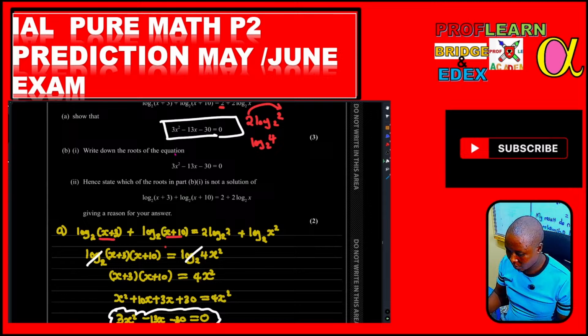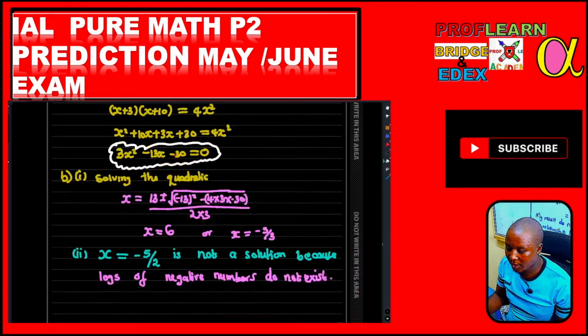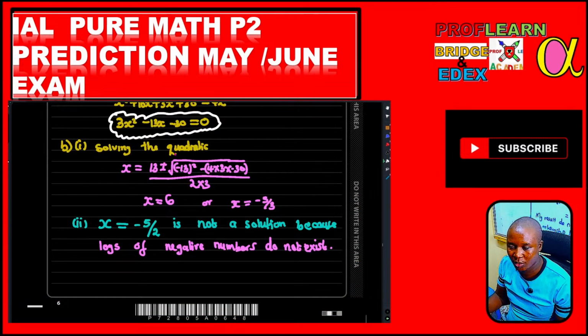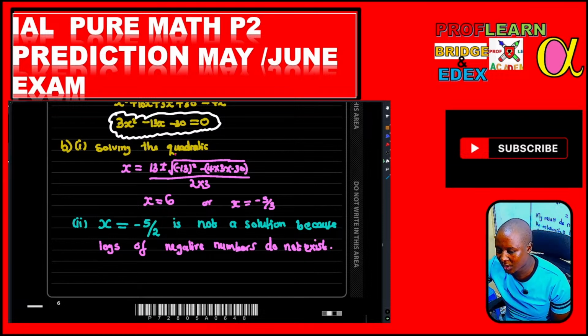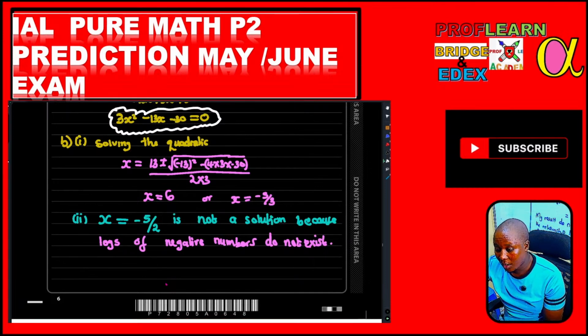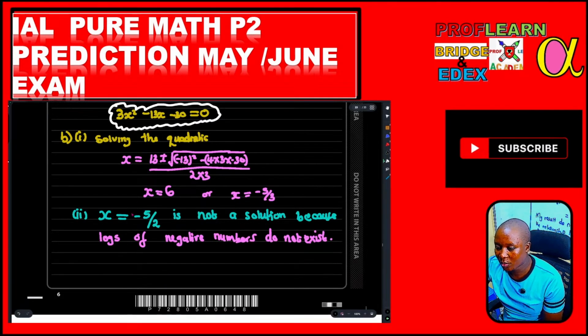Now, in order to find the roots, we are going to solve that quadratic. You can use any method which is easy for you, the quadratic formula or factorization, but for some equations factorization cannot work. Solving this, we get two answers, 6 and x equals -5/3.